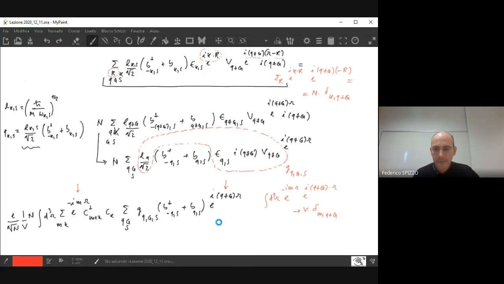So at this point, I have a volume, so this volume here disappears. So I have E times the square root of n, and then I have the summation over k, q, g, and s.